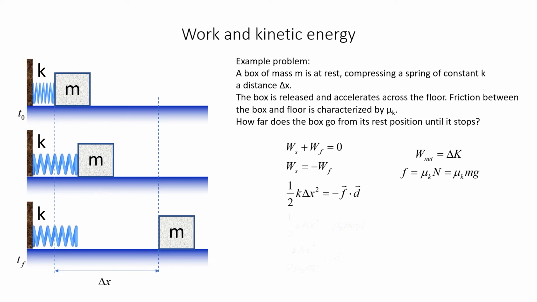Remember, the work done by friction is force dotted with displacement, and that dot product actually gives us a factor of cos 180 degrees, so that gives us a factor of -1. Here we've substituted in that the frictional force equals mu k mg and solved for the displacement d. We have that the distance the box goes would be k delta x squared divided by 2 mu k mg.